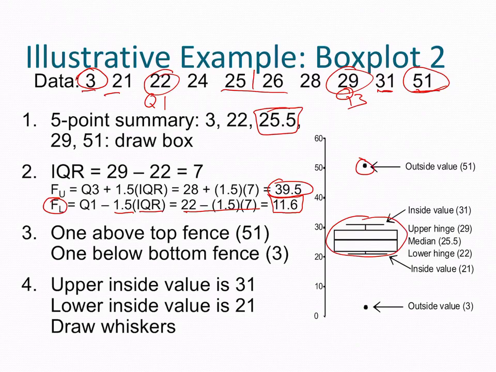Same thing here. We have our lower value as a dot below, and your inside value here. Our box being here's your Q3, Q2, and Q1. And this is an illustrated example of the box plot showing you values that are outside of our fence limit.